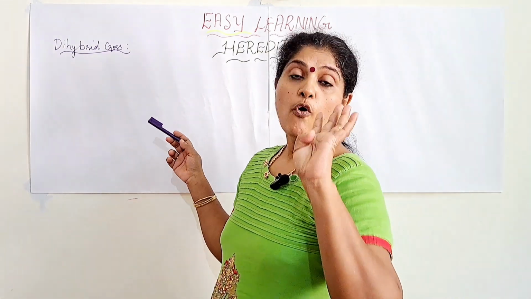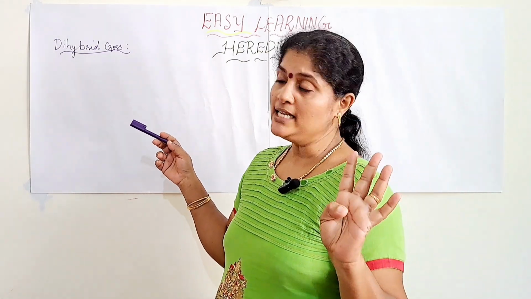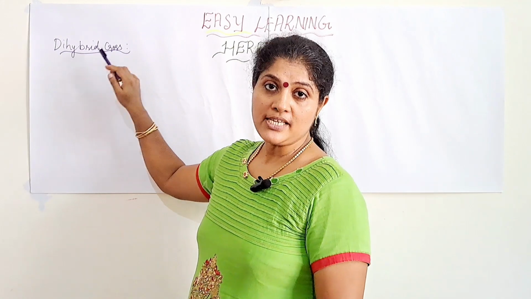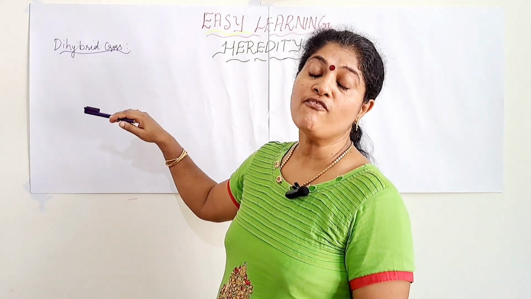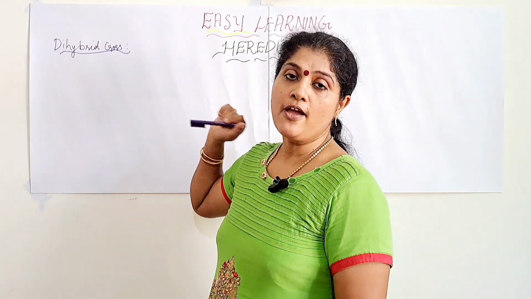He got 4 different varieties of seeds, that is, the 2 varieties which he had taken in the beginning. Along with that, another 2 new characters were found in the seeds in the F2 generation.